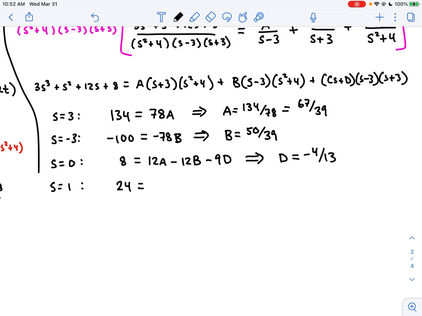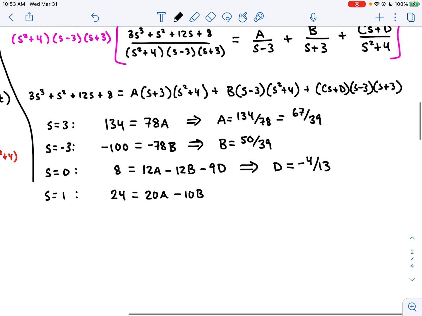When s is 1, we're going to get 4 times 5, so we get 20a. Plug in 1, we get into the next part right here, and we get negative 2 times 5, negative 10, so minus 10b. And plug in 1s for all the s's over here. This will be negative 2 times 4, so that's going to be negative 8. This will just be c plus d. So it's going to be, and distribute the negative 8, so it's going to be minus 8c minus 8d.